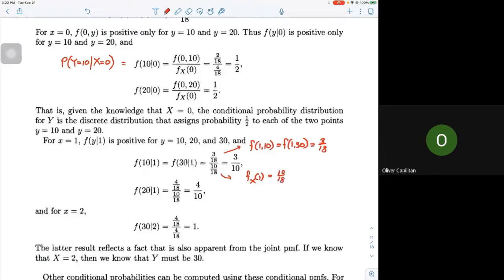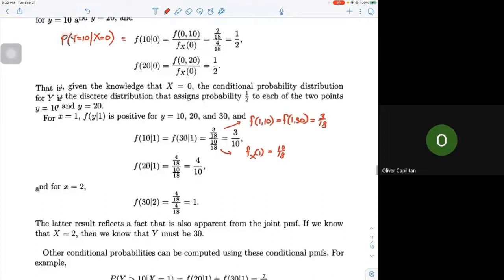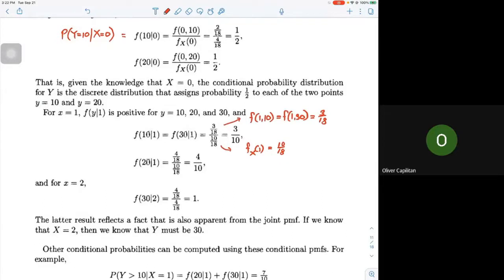Simplifying our complex fraction, the answer is equal to 3 over 10. Similarly, if we compute the conditional PMF of y is equal to 20 given that x is equal to 1, the answer is equal to 4 over 10.